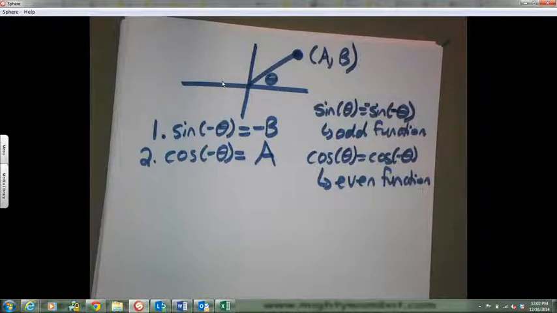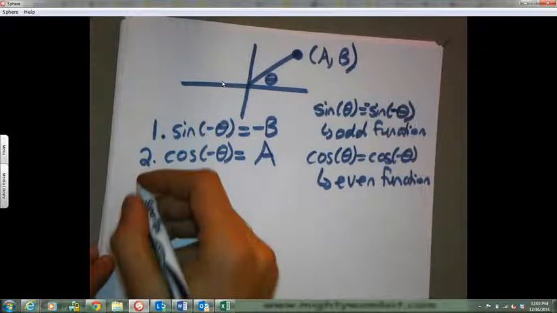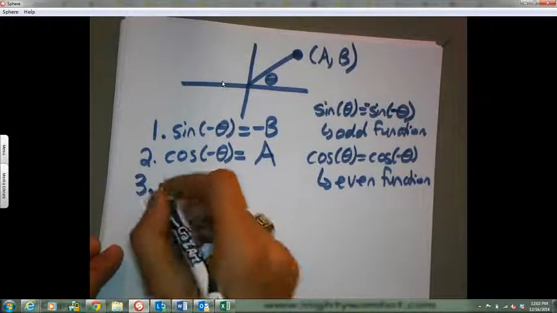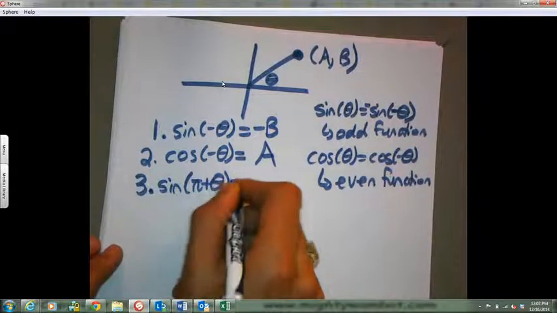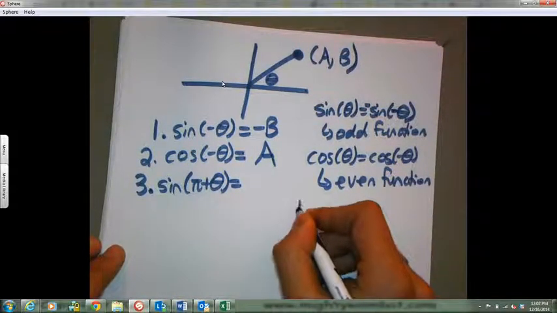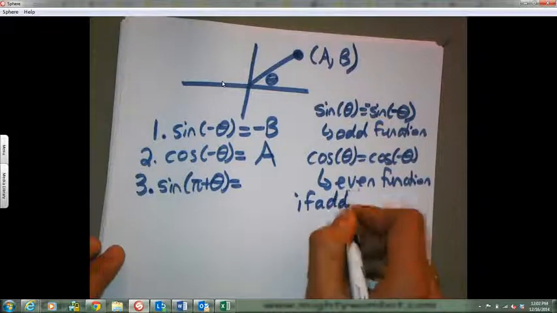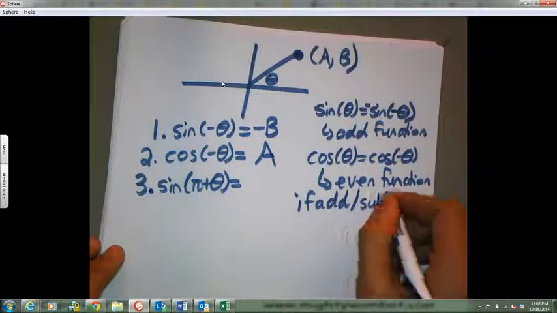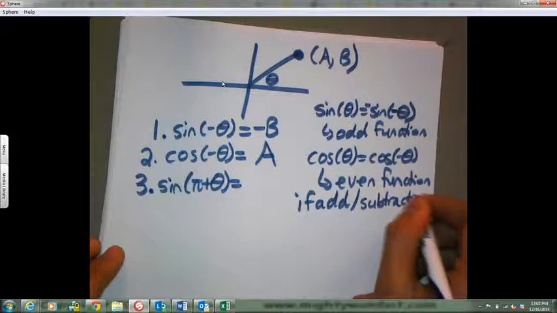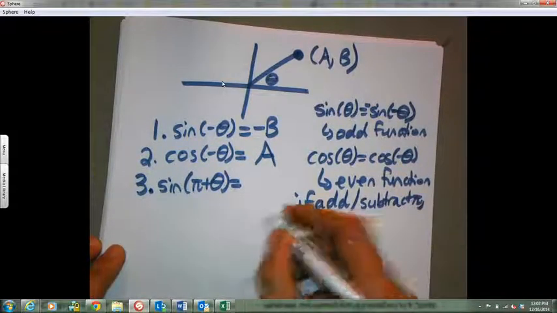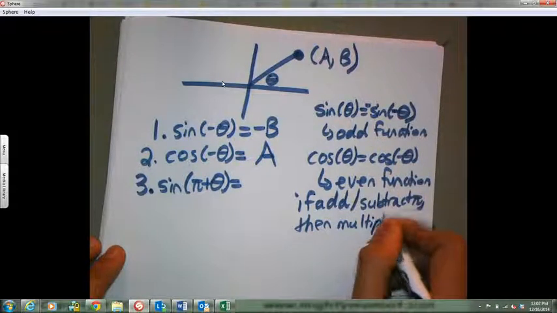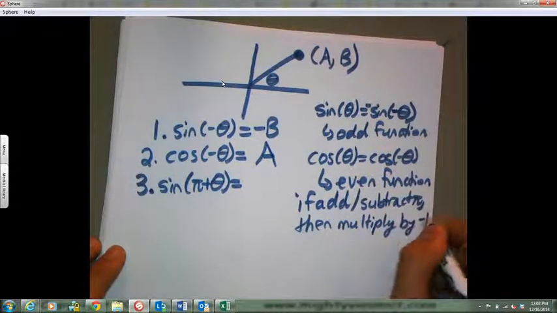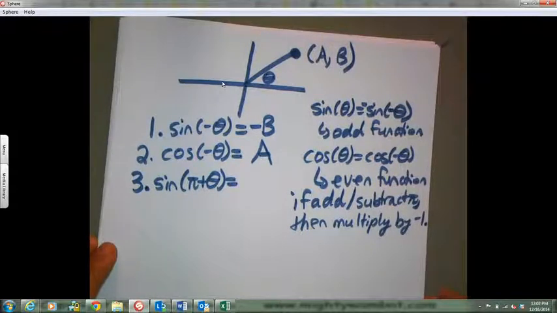Okay, number 3. I'll write another rule. We said... I'll also draw in where angle 3 is.